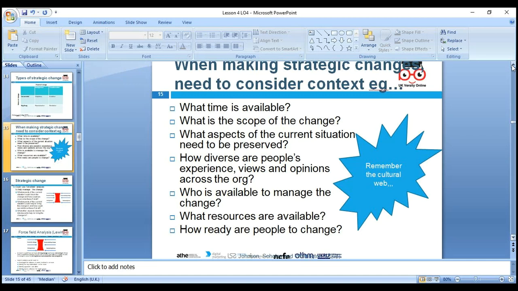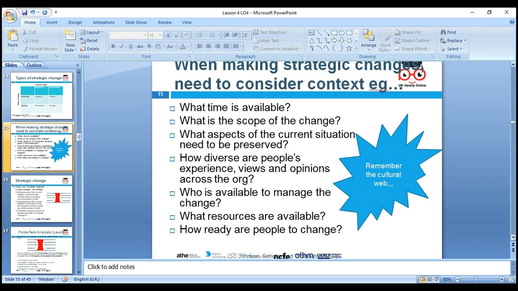Who is available to manage the change? Who will be responsible for managing the change? What resources are available if we want to change? How ready are the people to change? If people are not ready to change, it's very difficult to implement the change in our organization. So we need to set the mind.